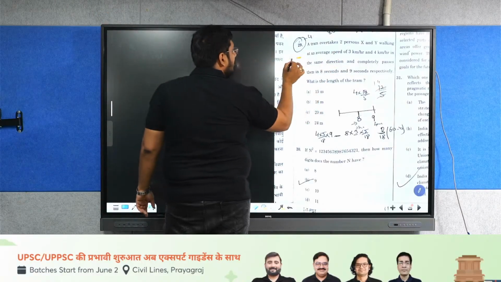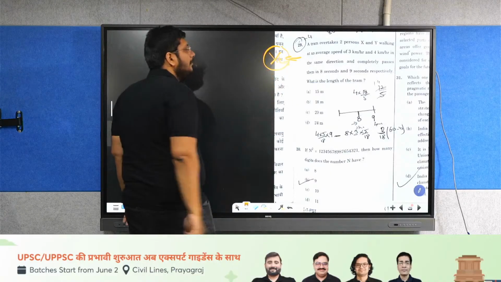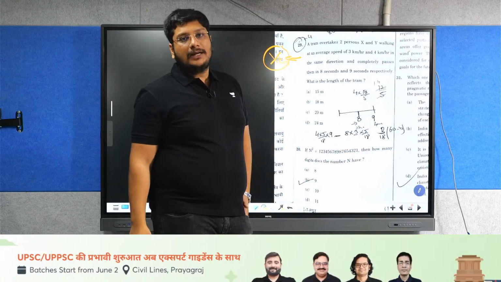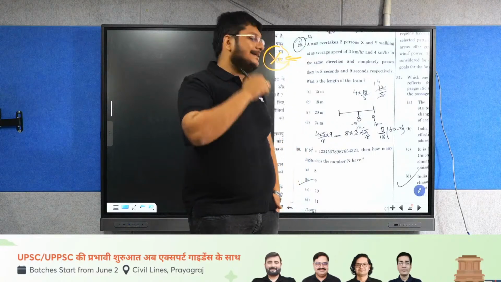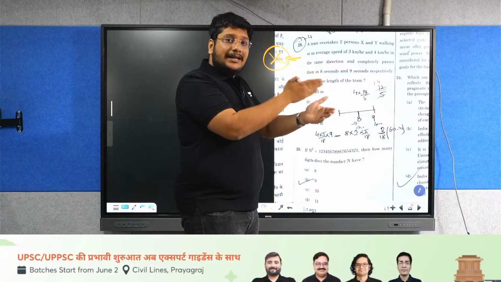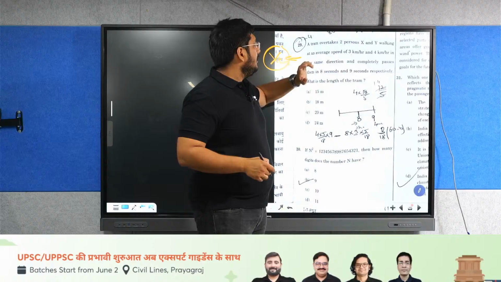Let the speed of the tram be X km per hour. That is the assumption I have taken. Now, relative speed going in the same direction is the difference of speeds. So X minus 3 would be the speed relative to person X.